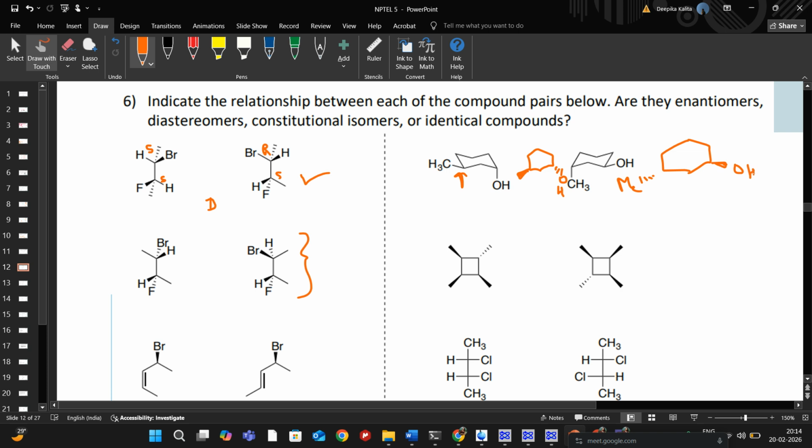Hence, this makes these two organic molecules enantiomers of each other.